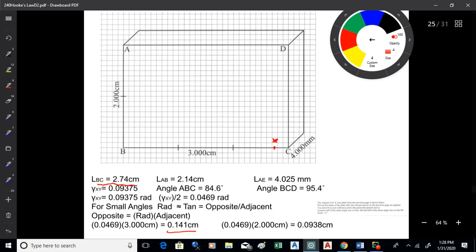Okay. It's now 2.74 long. It's its new length. It's not 3 anymore, but it's also going to have a little bit of kick out on account of that shear, and that's 0.141 centimeters.